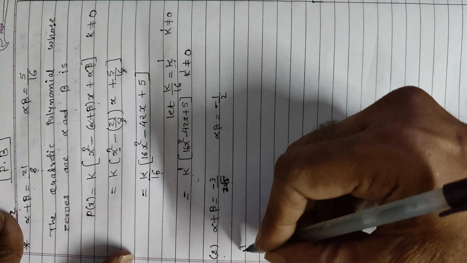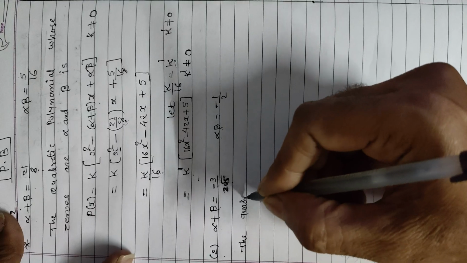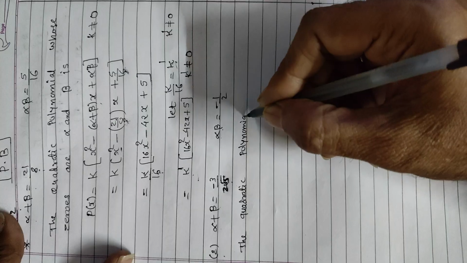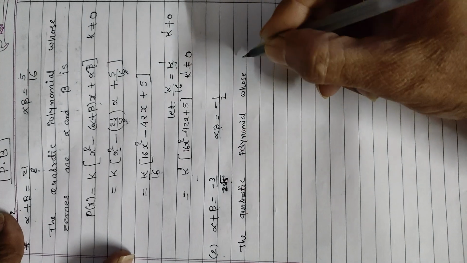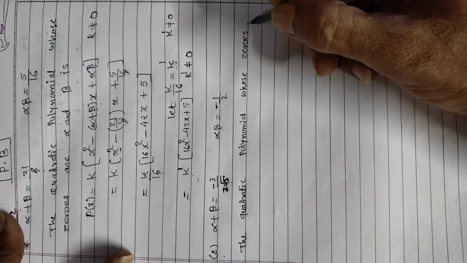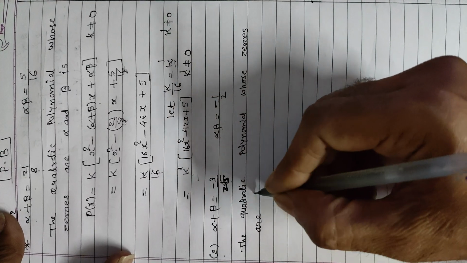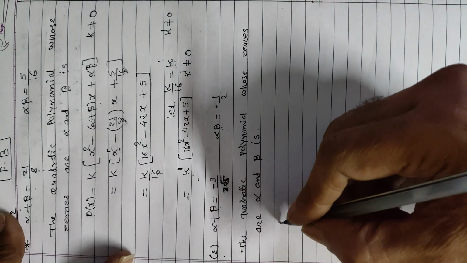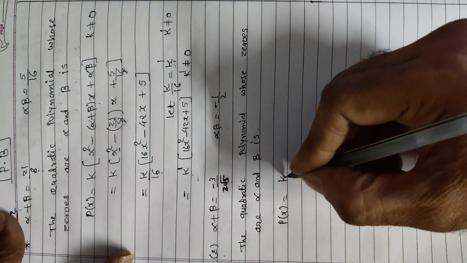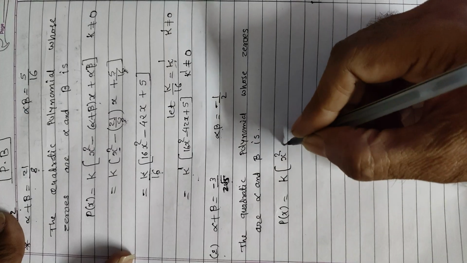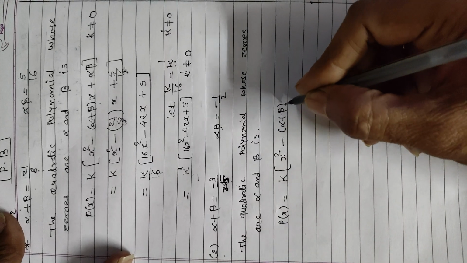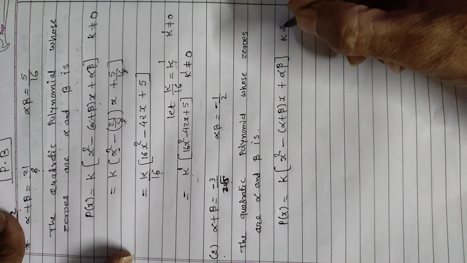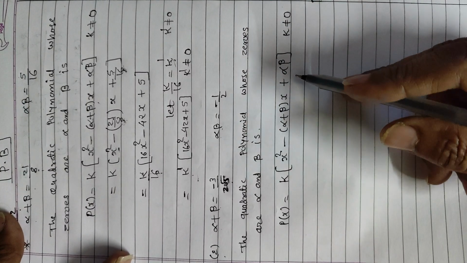So the statement is the quadratic polynomial whose zeros are alpha and beta is p of x is equal to k bracket x square minus alpha plus beta into x plus alpha beta, where k is not equal to 0. This is the formula.